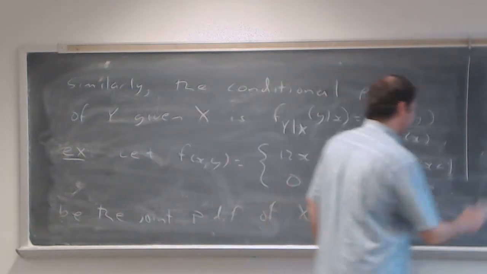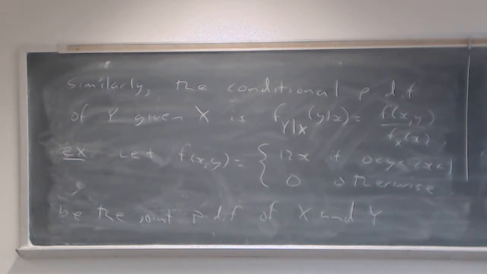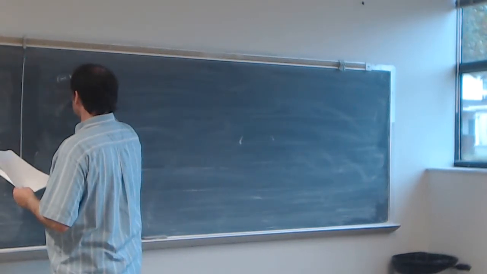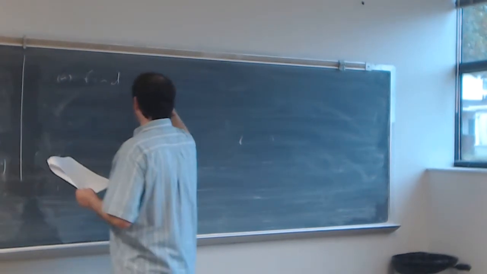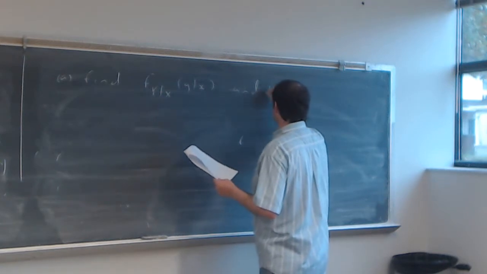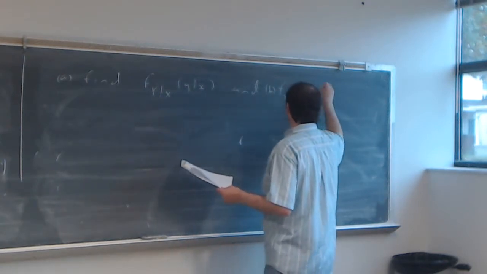Okay, so what do we want to try to find? Part A says find f sub Y given X, and part B says f of X given Y of x given y.